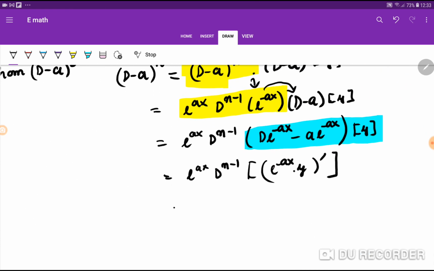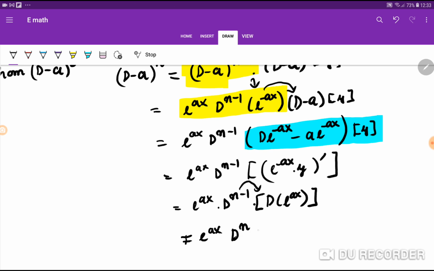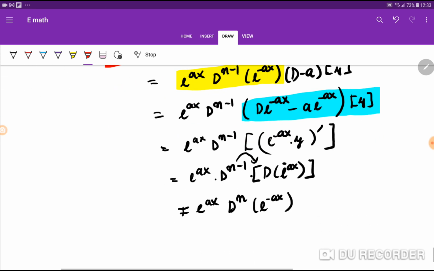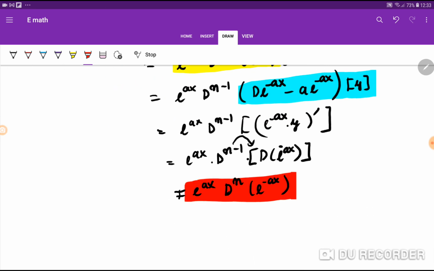It's the same way. So yeah, let's write it. This is d ax, right? And then you multiply this together. D to the power of n minus 1 times d is d^n. Exactly. Oh, it's negative.